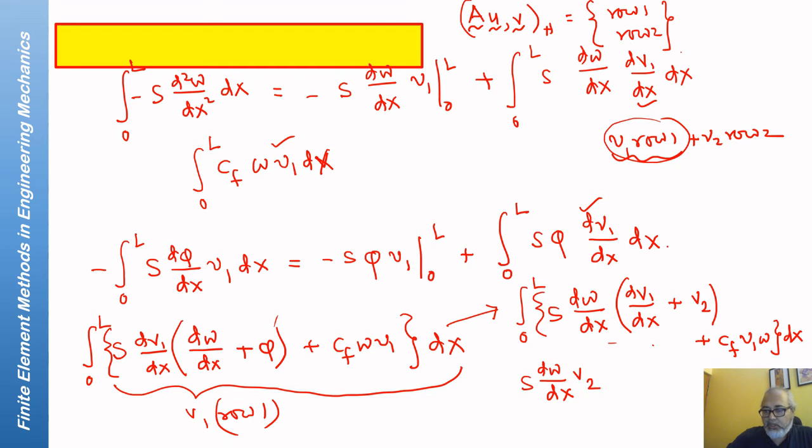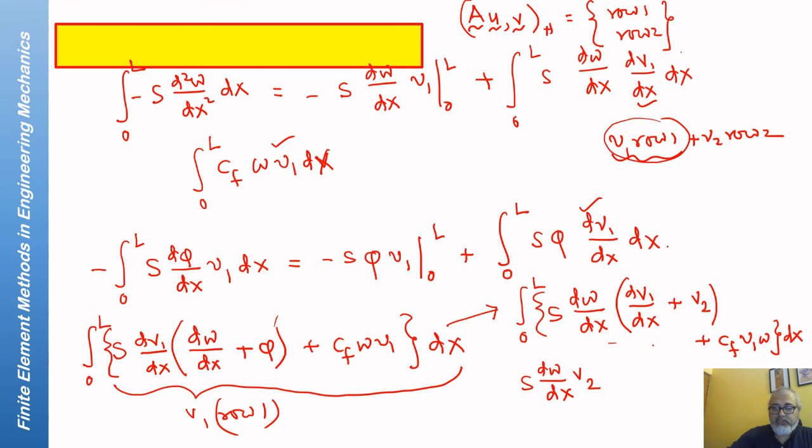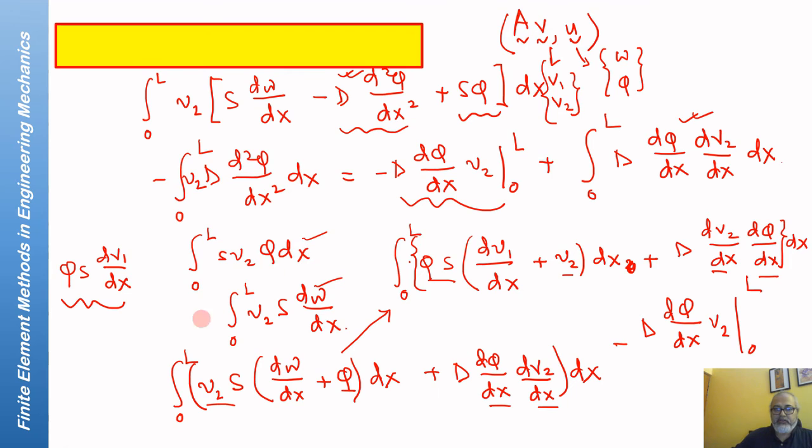which now you can plug in here. So I have, instead of using this V2, sorry, where is it? V2 phi s dv1 dx.